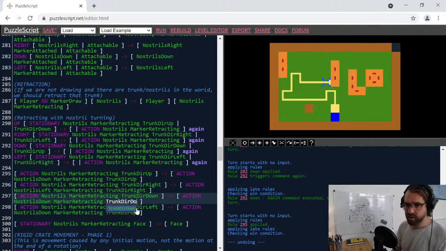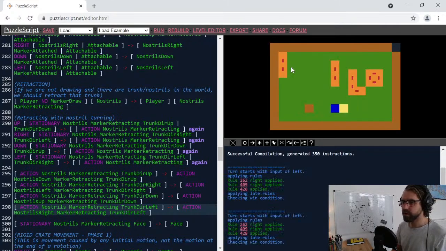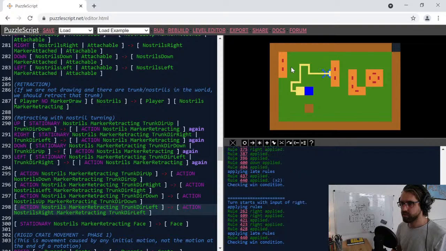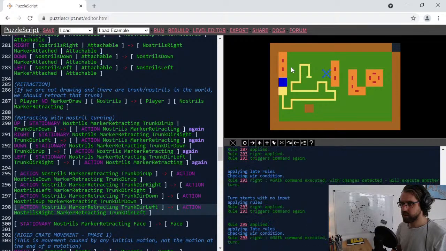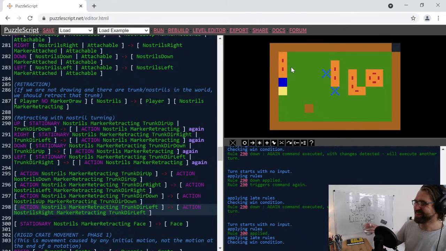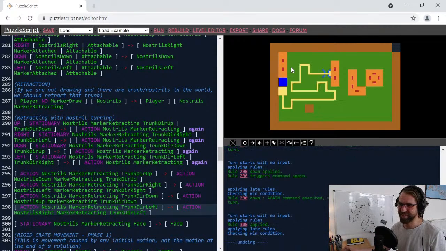Down, so down and up over here. And then right here. And then left. Okay. It works. Cool. It looks so silly. Do it again. Whee! It flops around.